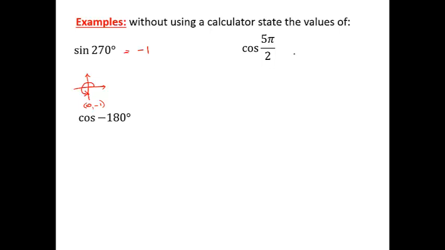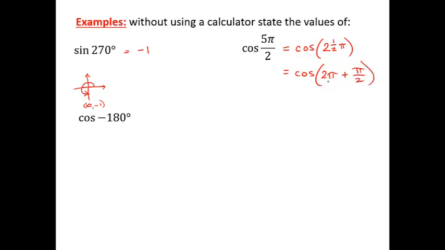And we saw that in our table before. So if you just remember that, then that's fine. Now this one here, cos of 5 pi over 2, that's going to be the same as, we need to write this as a mixed fraction. So the cos of 2.5 pi. Okay, that looks a little bit messy, so we can write that as cos of 2 pi plus another half pi, or pi over 2.